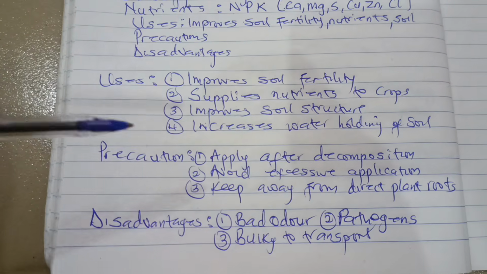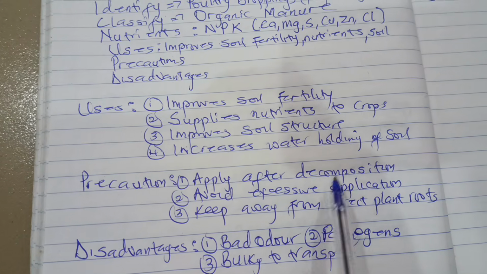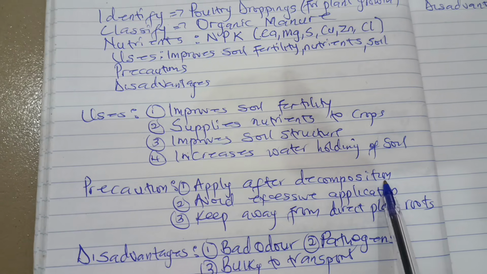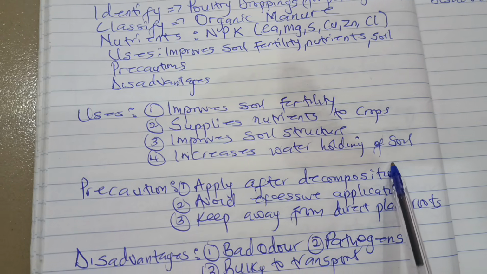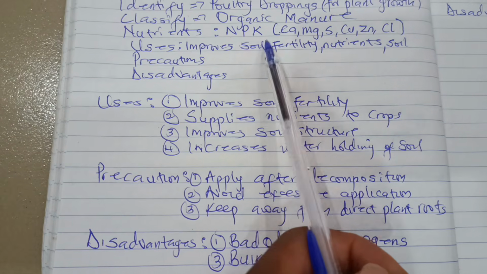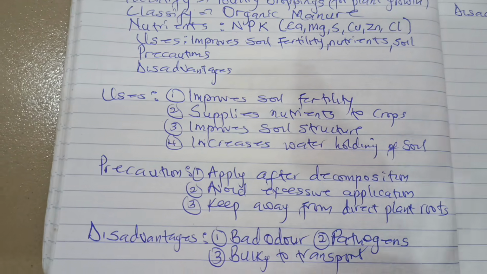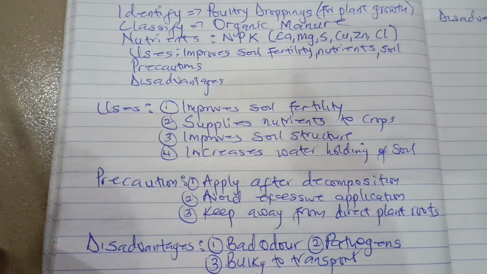Then precautions while using the poultry dropping. We have apply after decomposition. So you don't get the poultry dropping immediately and you put it directly to your plant. It's going to kill your plants because of the high concentration of the elements that it contains. Okay, so you're going to allow it to stay for a while, right?